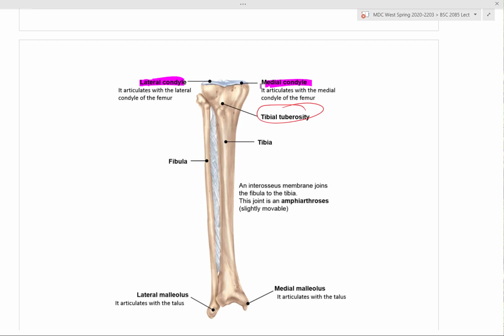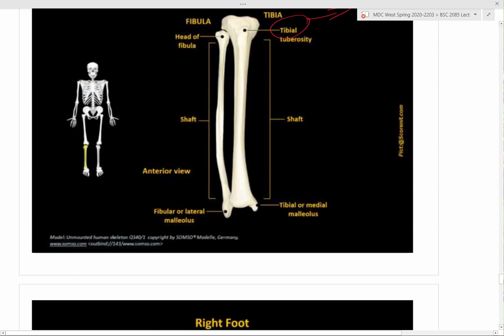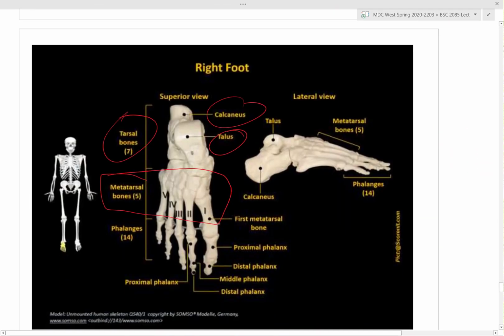It just opens and closes with just one axis. And then on the foot, you have tarsal bones, right, which are your calcaneus, talus, and then you have your metatarsals and phalanges. The same thing applies, right, for proximal and distal on the big toe, okay?